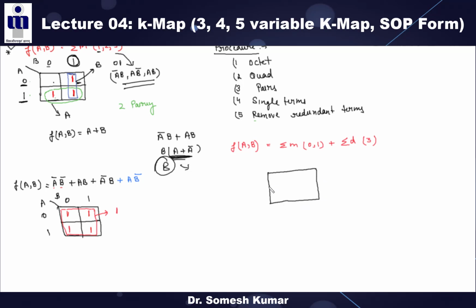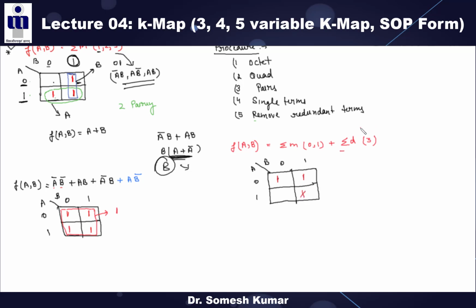So again I am drawing this A B, and this is your K-map. Now your function is 1 at position 0 and 1. So this is 1 and this is 1, and this is don't care at position 3.